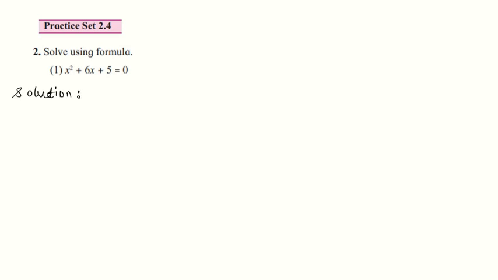Solution. In formula method, we will follow 3 steps. First, we will compare with the standard form, that is ax square plus bx plus c is equal to 0. This is the first step. And what is the formula method?